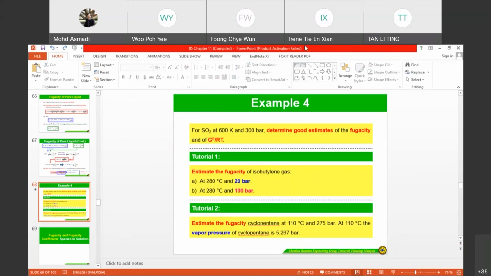Okay, so can you calculate this one? Fugacity at 20 bar? Which method can you use? Anyone? Which method? Muhammad Izzat? Who did I mention just now? I forgot.